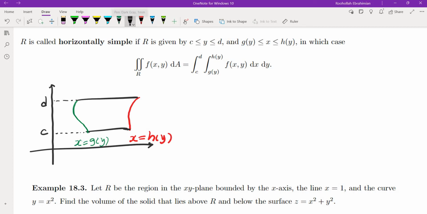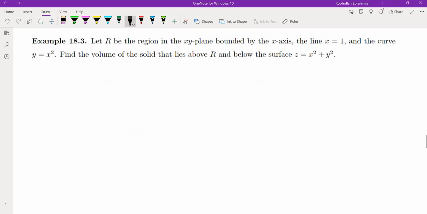For any fixed y that ranges between c and d, x goes from the left to the right. Left is g of y and right is h of y. And this region is called a horizontally simple region because we go along these horizontal segments.